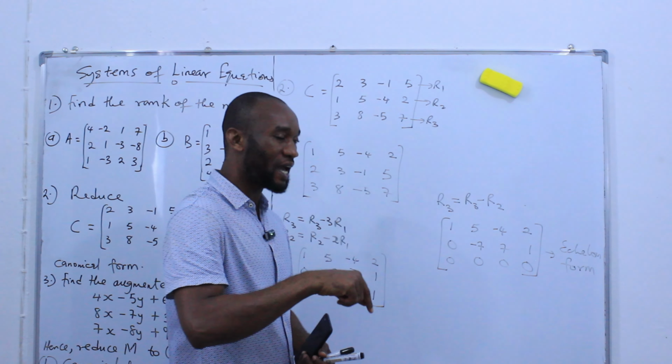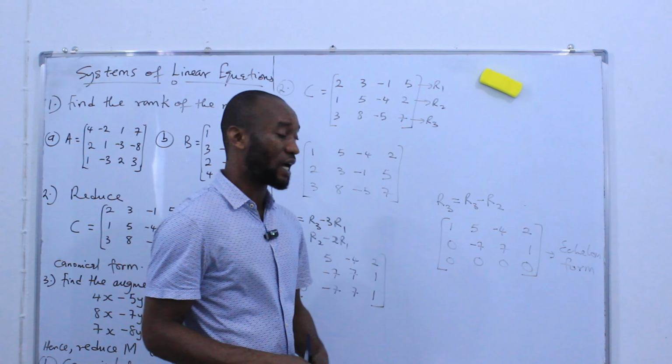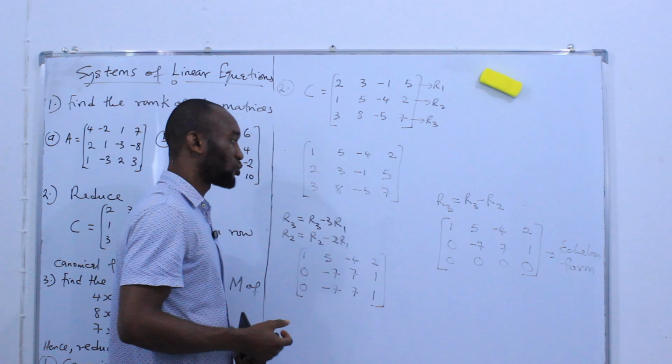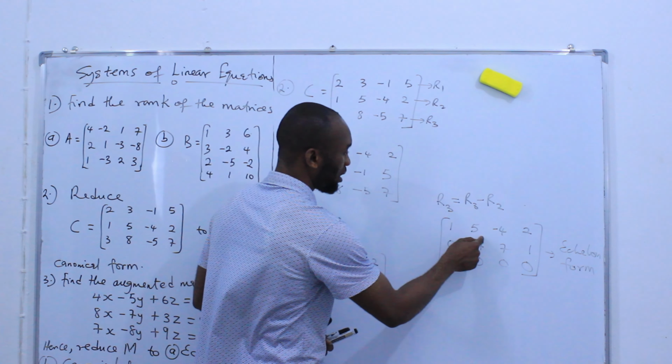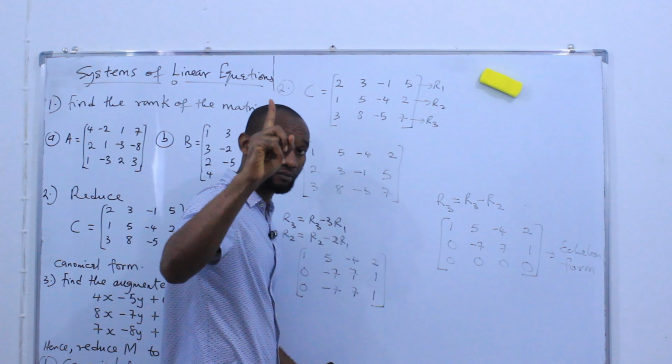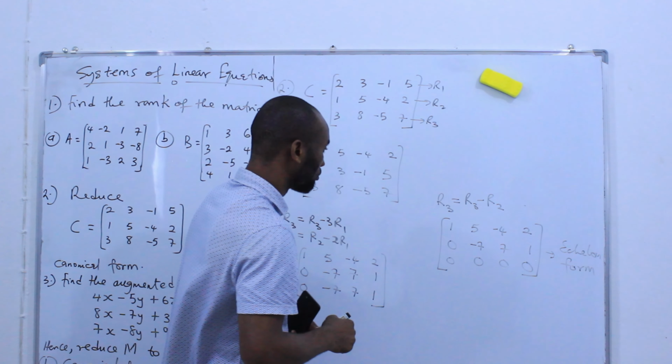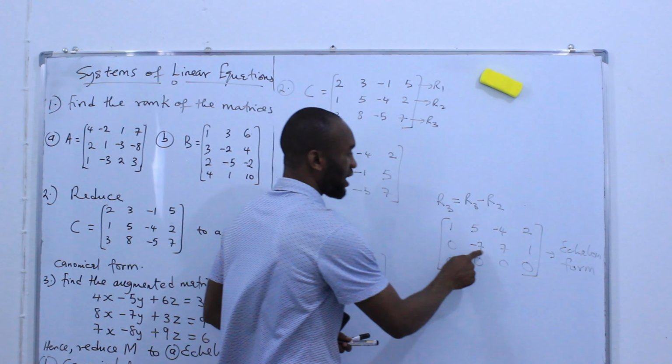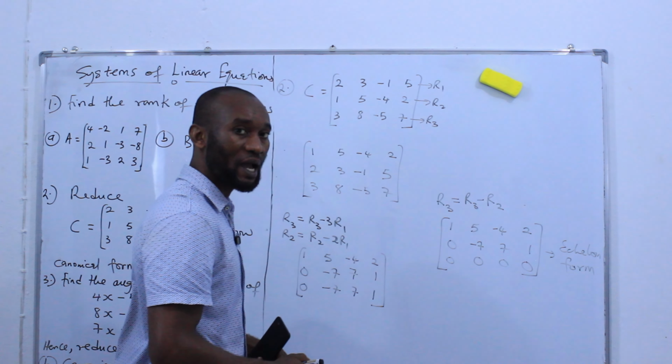Now, we go ahead to reduce it to row canonical form. To reduce it to row canonical form, I need to make this one positive 1. So how do I do that? I need to divide through by minus 7.